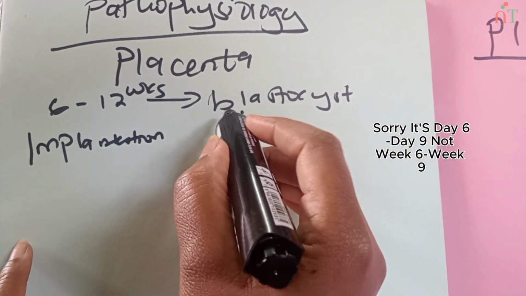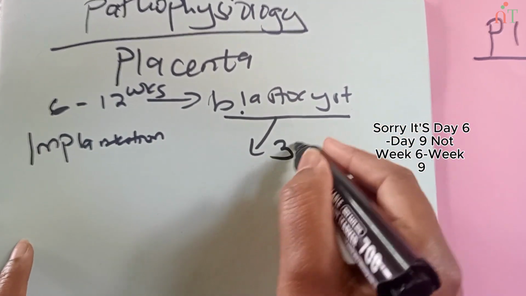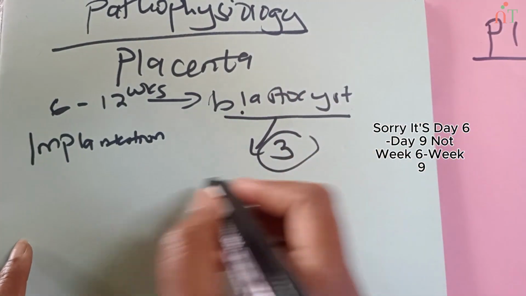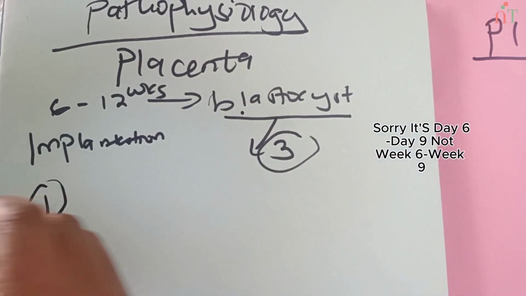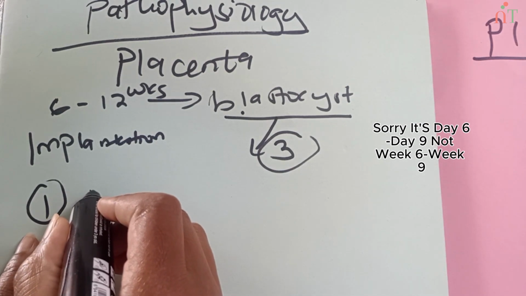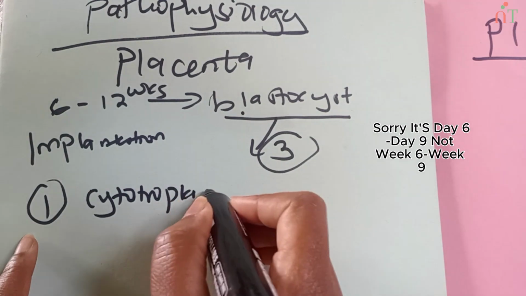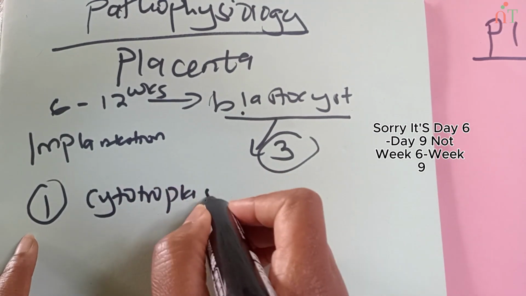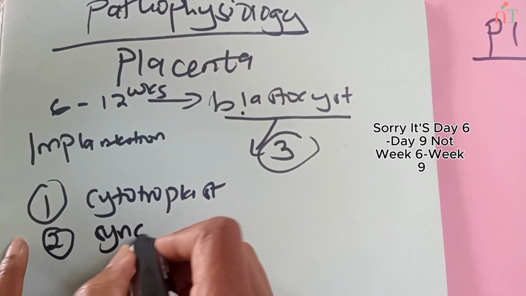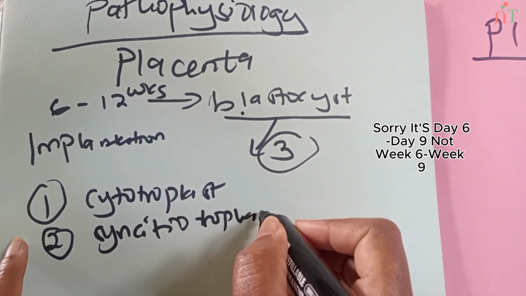So the cells of this blastocyst normally divide into 3 layers. This is in a normal circumstance. Layer 1, the outer cells, is called the cytotrophoblasts. Layer 2 is called the syncytiotrophoblasts.